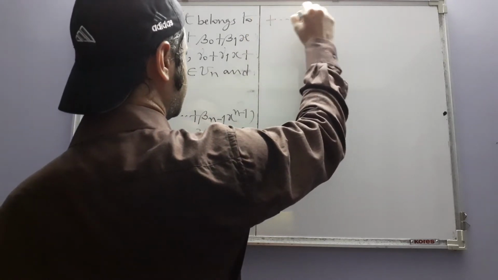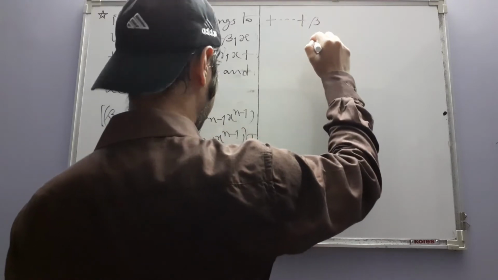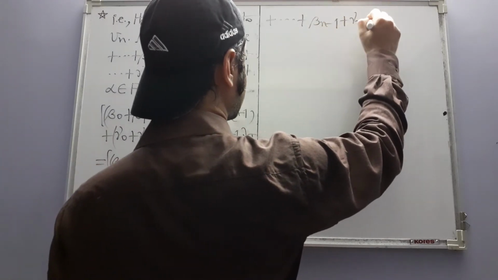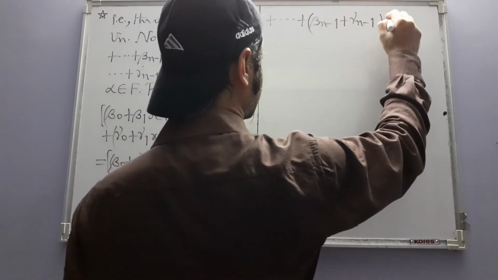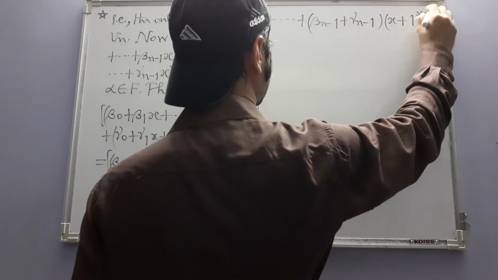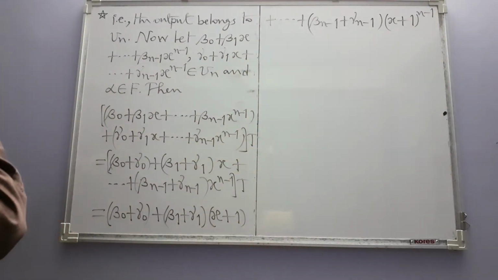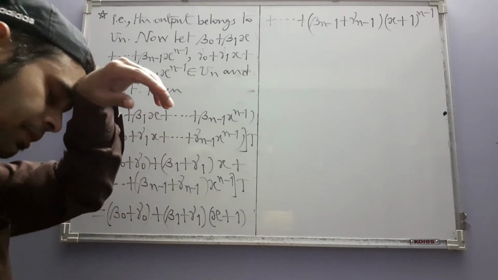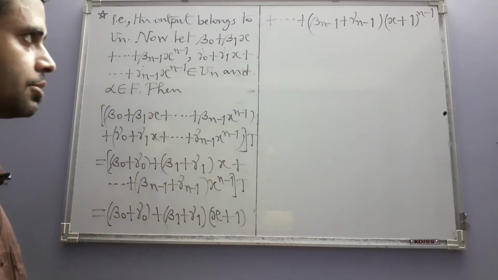Plus the intermediate terms, of course, are there. Beta n minus 1 plus gamma n minus 1, because if you don't have that interpretation, then this expression becomes meaningless, no?